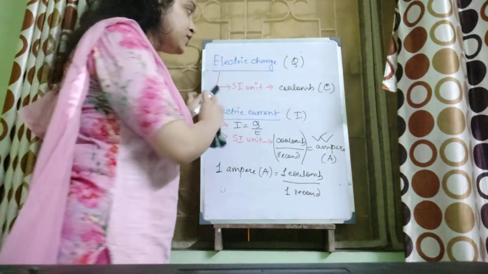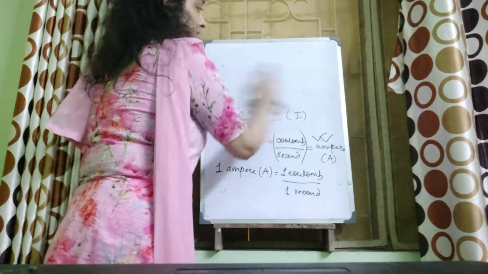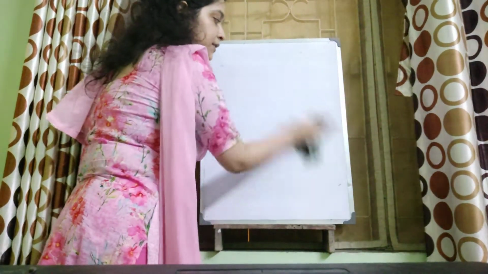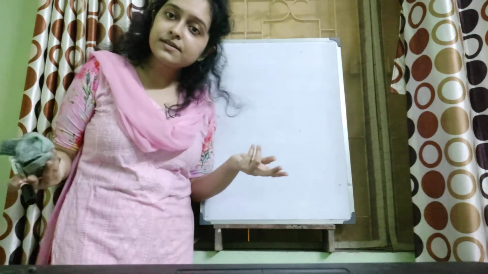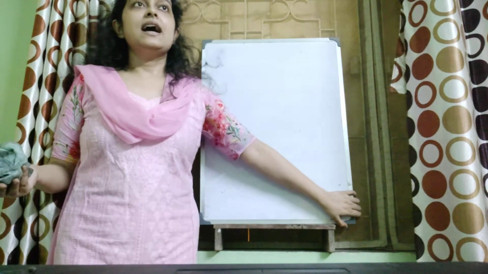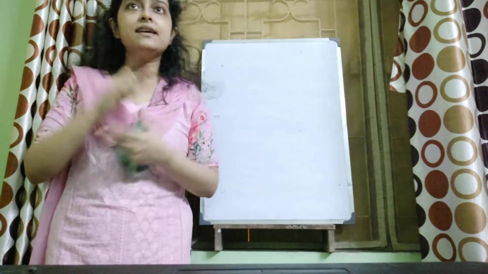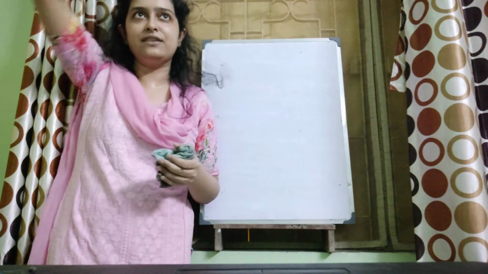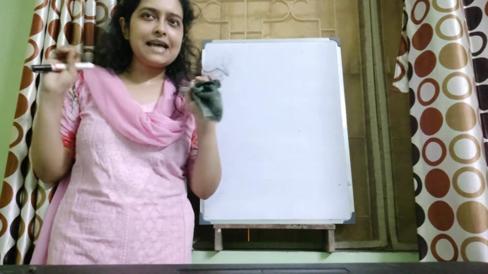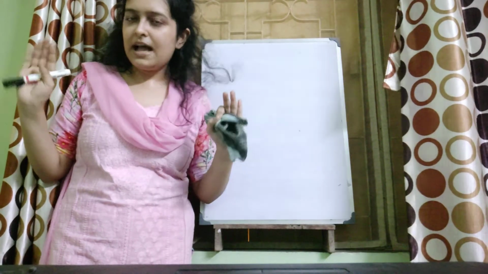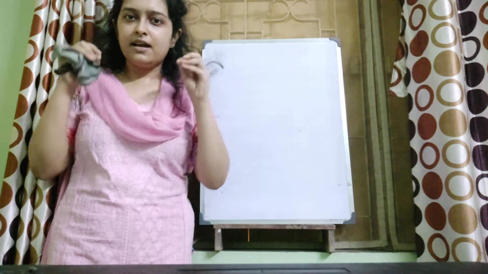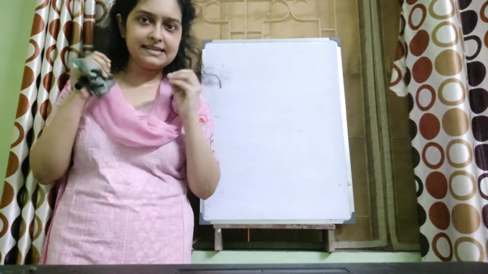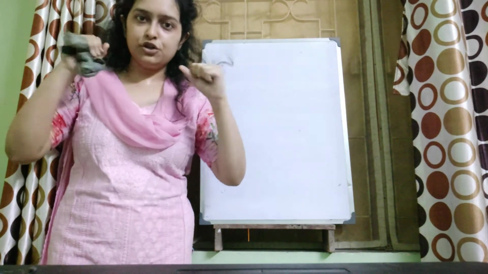Now, what type of charges? Negative charges. And what type of particles are responsible for the negative charges? Electrons. Suppose we are sitting in a class and the students sitting in the last bench can easily escape from the sight of the teacher and carry on their gossips and whatever activities they want to do, because they escape from the control of the teacher.